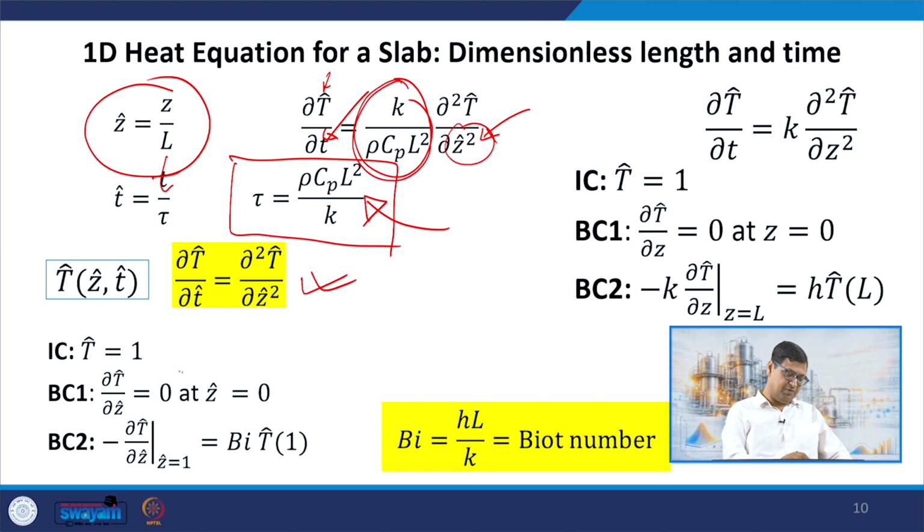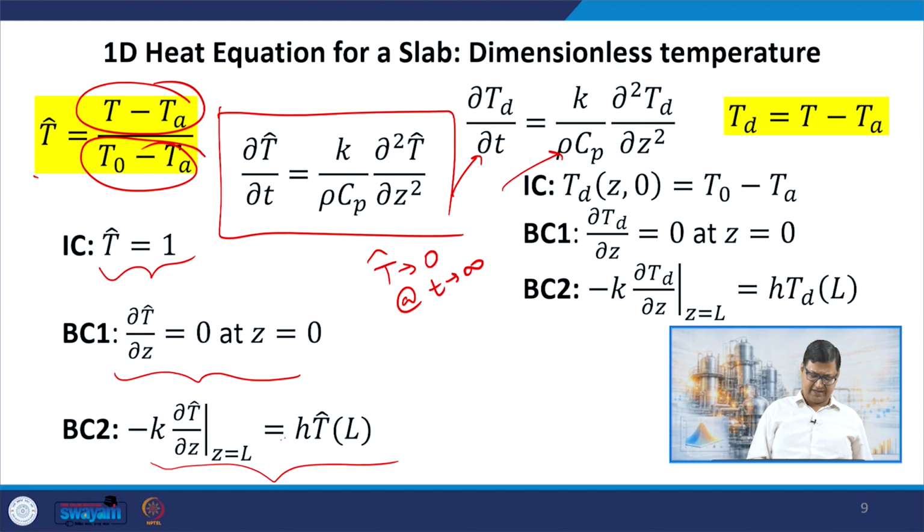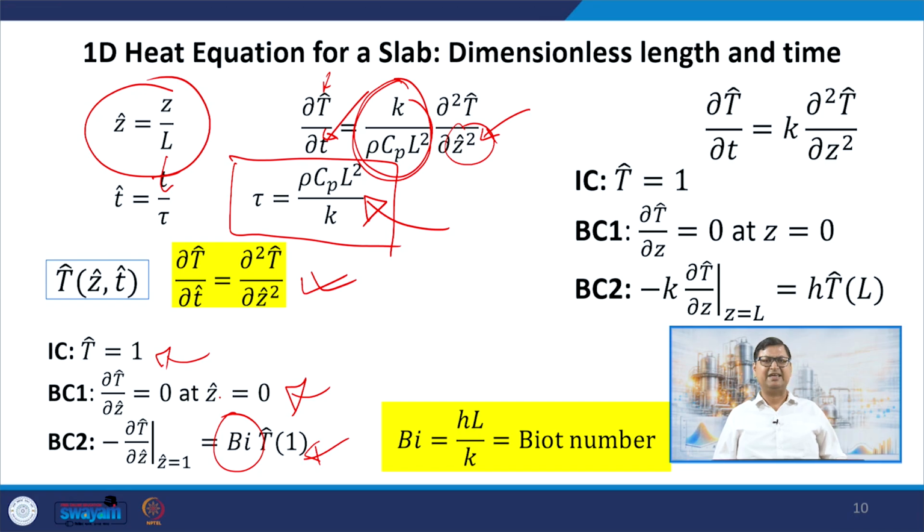Now we have a much neater initial condition and much neater boundary conditions. Even in the last one, because we already had h by k earlier, and now from the fact that I have made z dimensionless, I can form a dimensionless number hL by k, that is also called the Biot number.